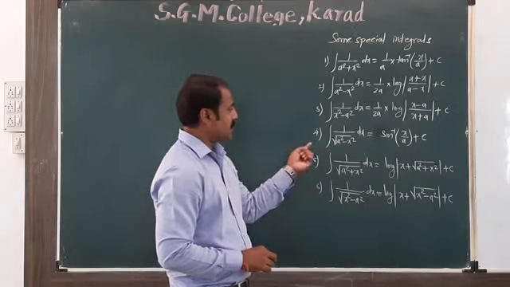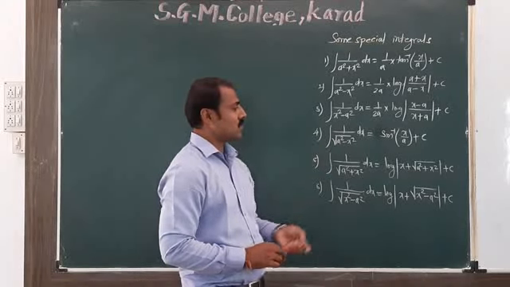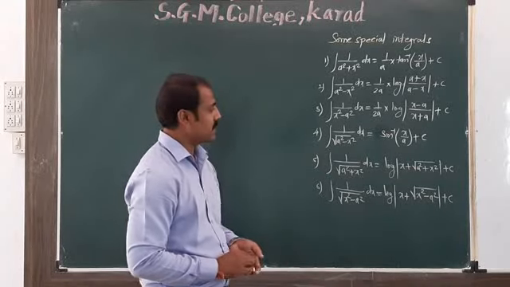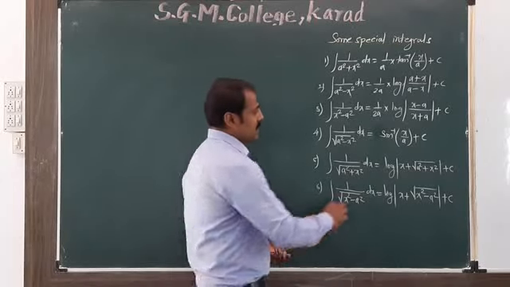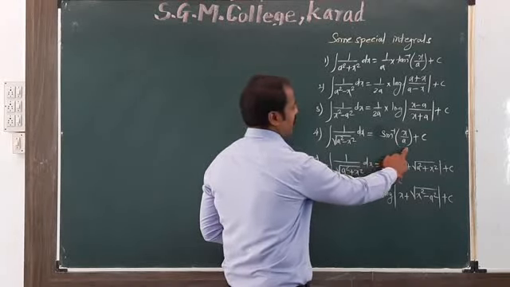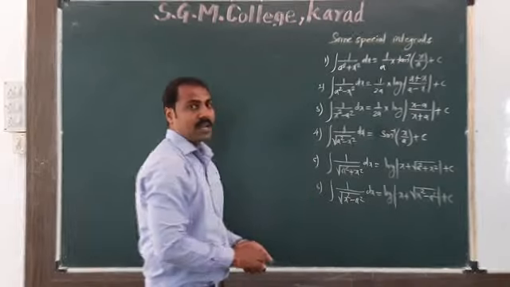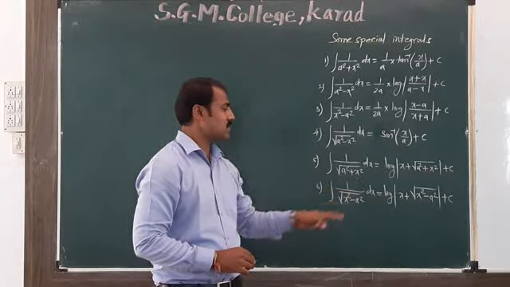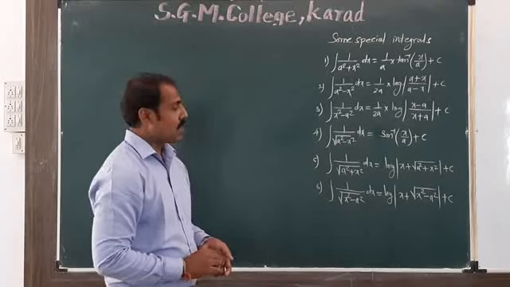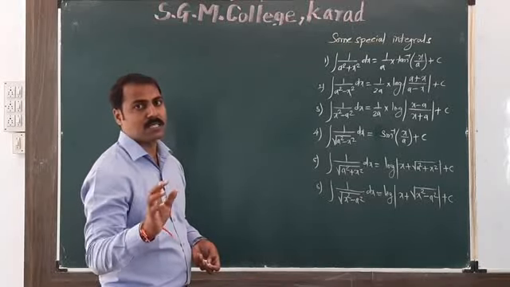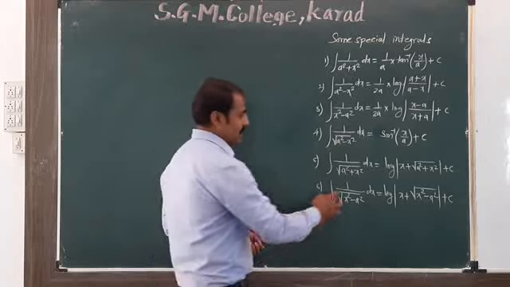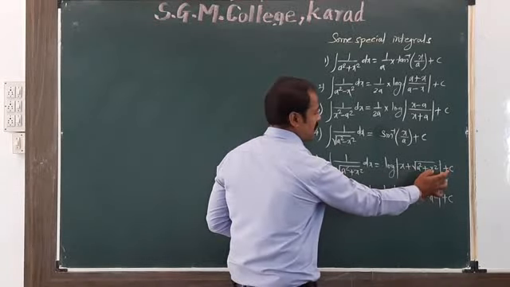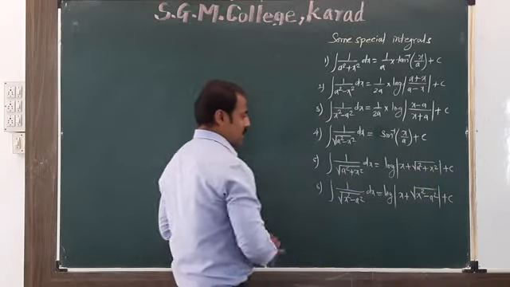The fourth formula is the integration of 1 upon square root of a square minus x square dx, which is equal to sine inverse x upon a plus c. The fifth formula is the integration of 1 upon square root of a square plus x square dx, which is equal to log of mod of x plus the denominator plus c, that is, square root of a square plus x square, plus c.